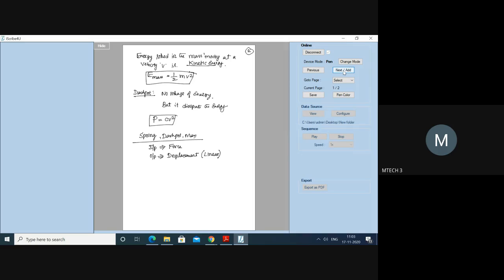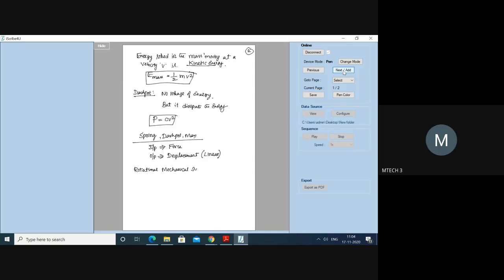Okay, right. Whatever we have discussed till now is with the mechanical system building blocks for a linear displacement. Now, we have another thing called rotational mechanical system.